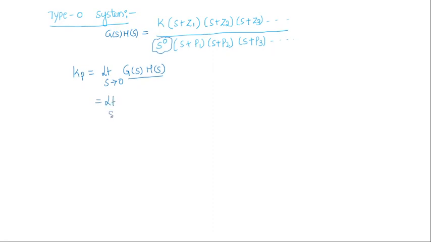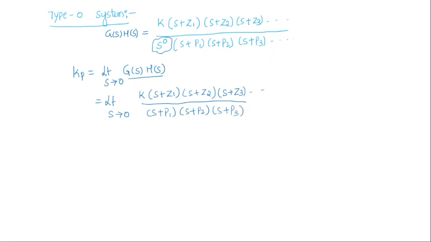Limit s tends to 0. The G(s) H(s) value is this one, that is K into (s plus z1)(s plus z2)(s plus z3) and so on, by s power 0 is 1, (s plus p1)(s plus p2)(s plus p3) and so on.